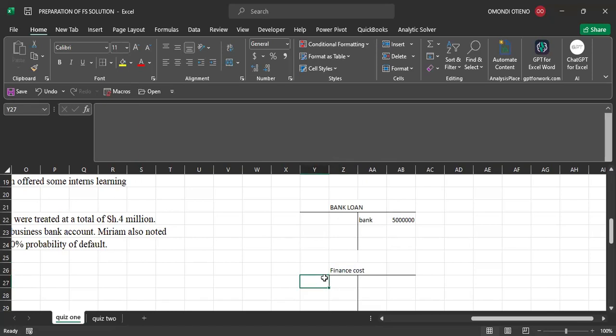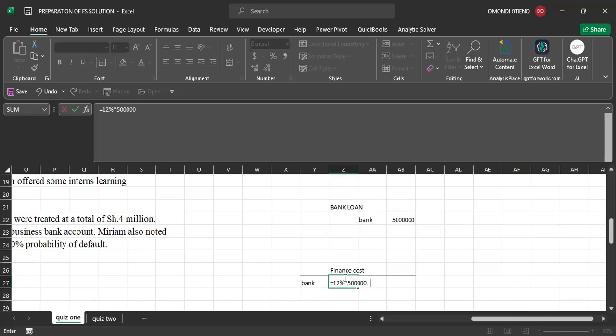So we come and indicate bank here. How much is the interest? 12% of the amount which was borrowed. The amount which was borrowed is 5 million. So when you borrowed 5 million, we are having 600,000 as the finance cost.